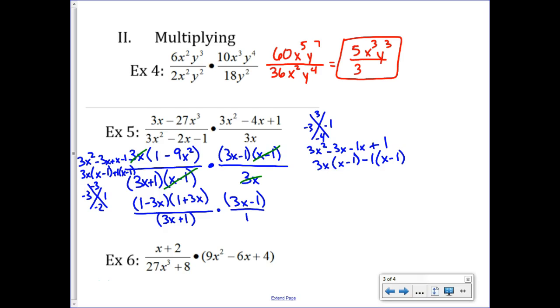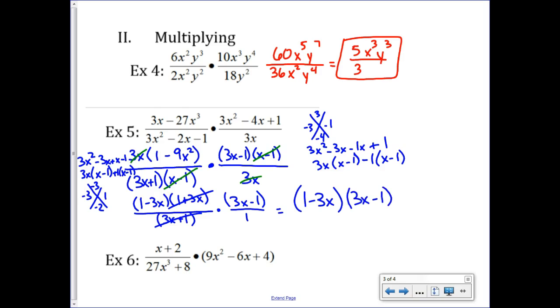Okay, so then I notice 1 plus 3x and 3x plus 1 are the same thing, just written backwards. So then I have nothing left on the bottom. I have a denominator of 1. On the top, I have 1 minus 3x and 3x minus 1.